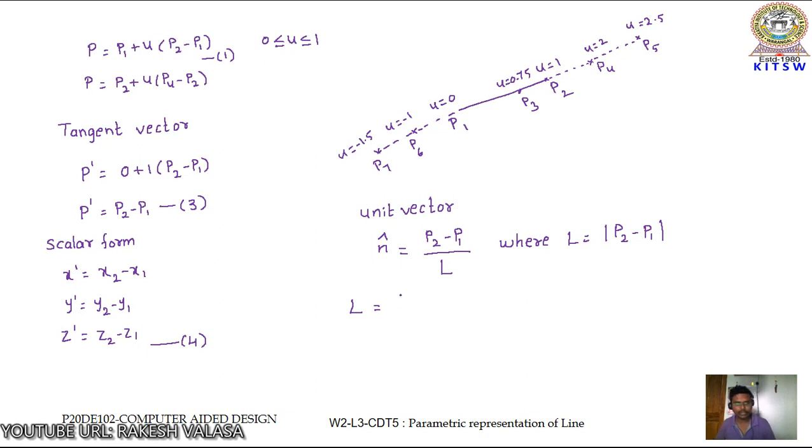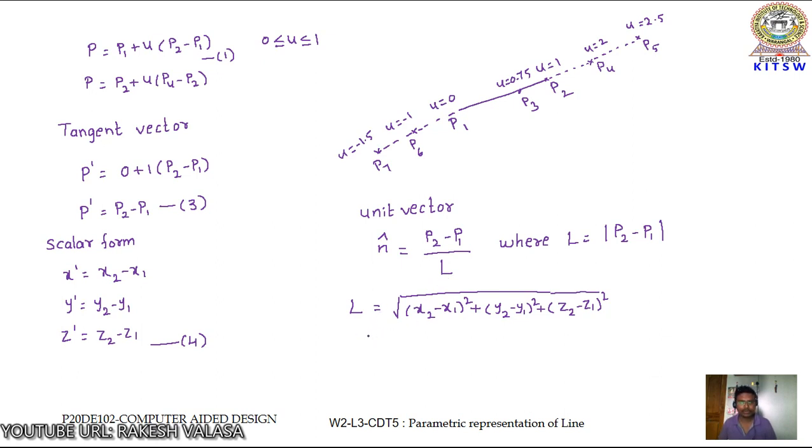Now you can write the equation for the distance between the two points: x2 minus x1 whole square plus y2 minus y1 whole square plus z2 minus z1 whole square. This is the equation for L. So you can substitute here.